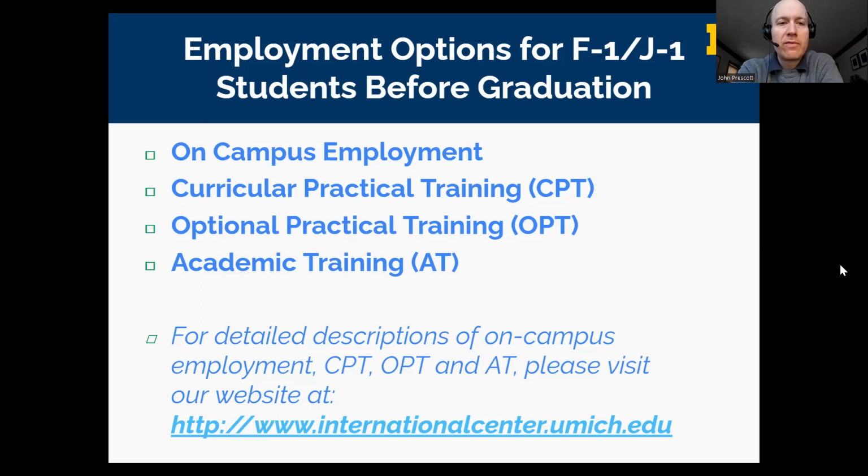CPT would be the F1 category of work authorization during your program of study. And OPT is a reference to F1 work authorization after your program of study. Now we listed it on this slide because technically there's a kind of OPT that could be before graduation, but it's unusual and not likely. Typically CPT would be your path.